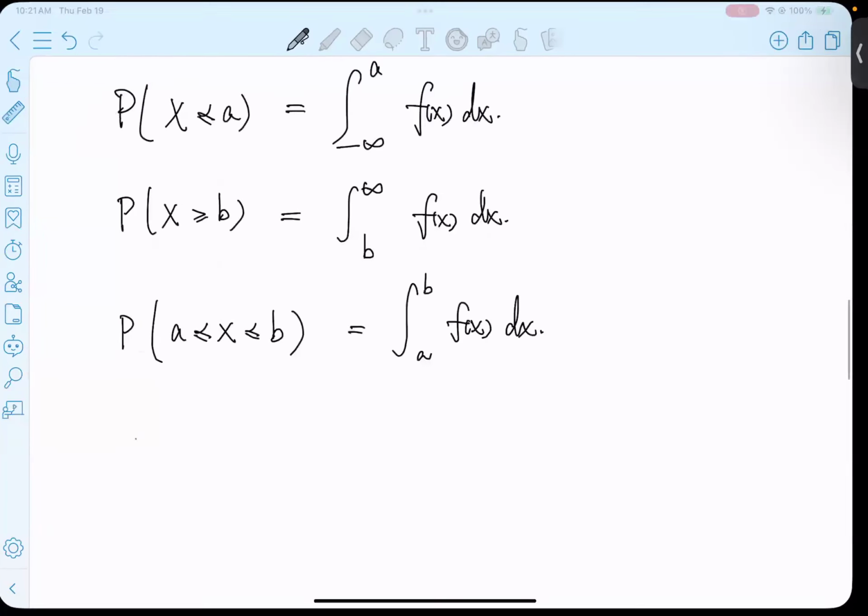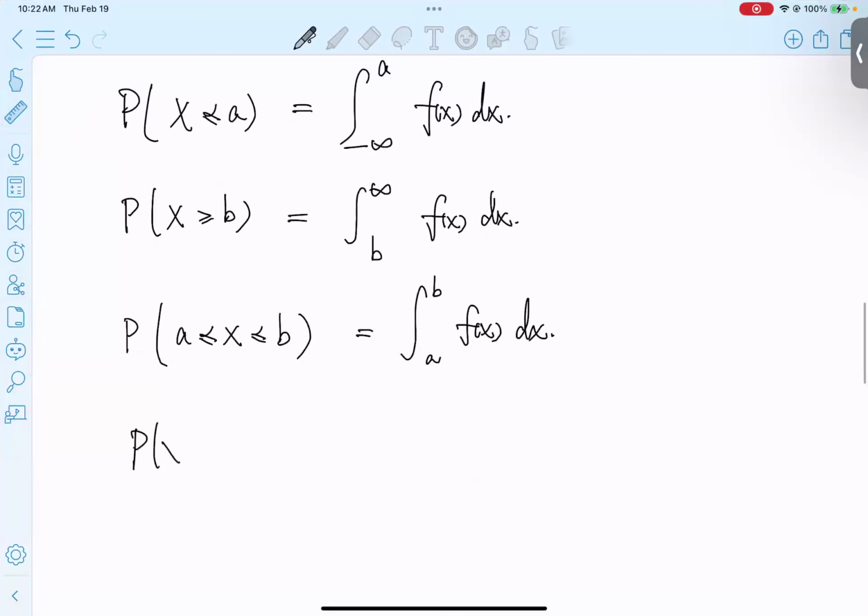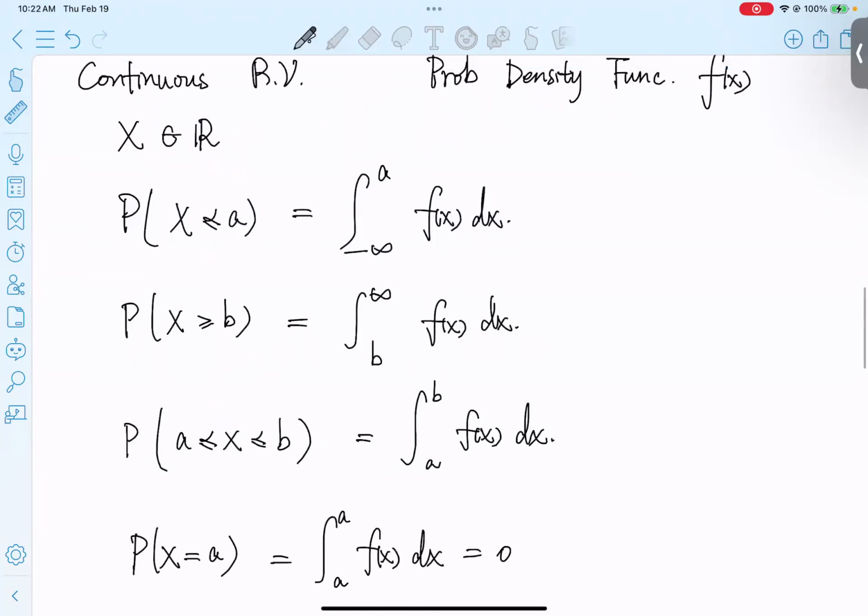Also, one thing we mentioned is that we don't usually talk about x equal to a particular value for the continuous case. The reason is that when you integrate from a to a, this will always give you 0. So whether you choose to include the equal sign here does not contribute, at least numerically, to your probability as a number.